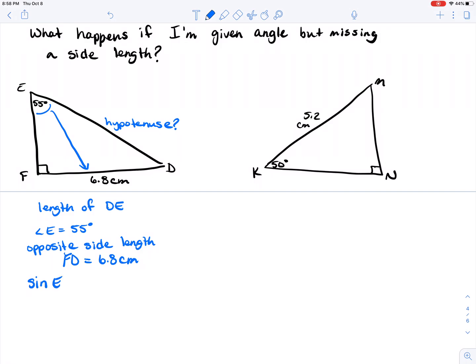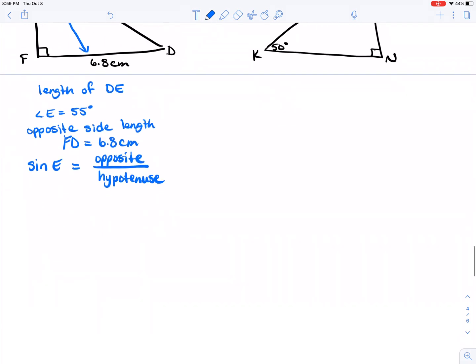So the sine of angle E equals opposite over hypotenuse. And again, I know that it's sine 55 degrees because I've been given that for angle E.